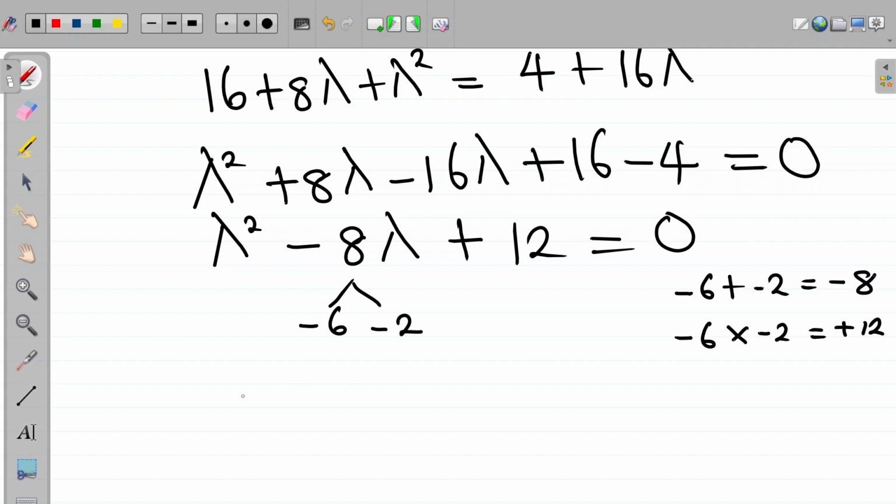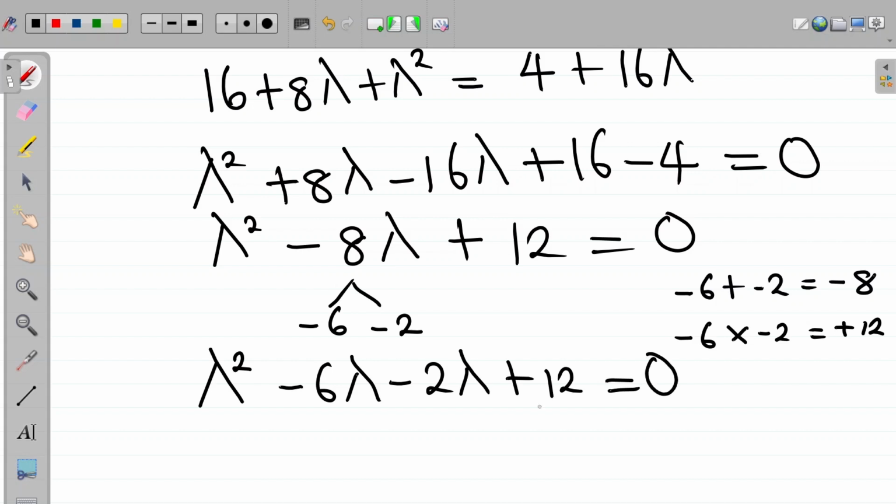So if that is true, we now have the equation to become lambda squared minus 6 lambda minus 2 lambda plus 12 equal to 0.